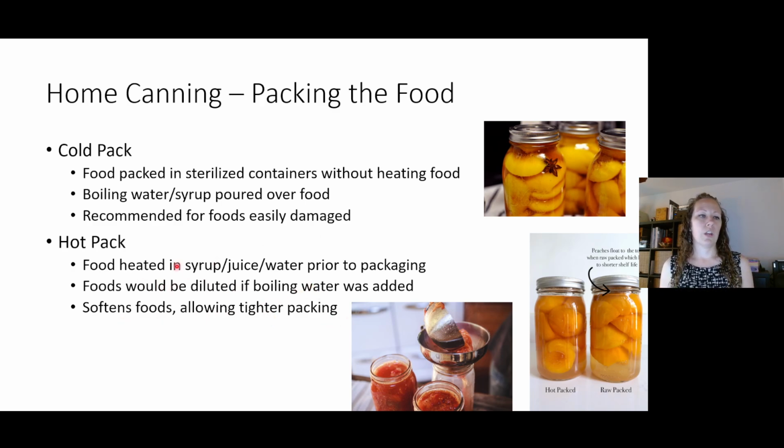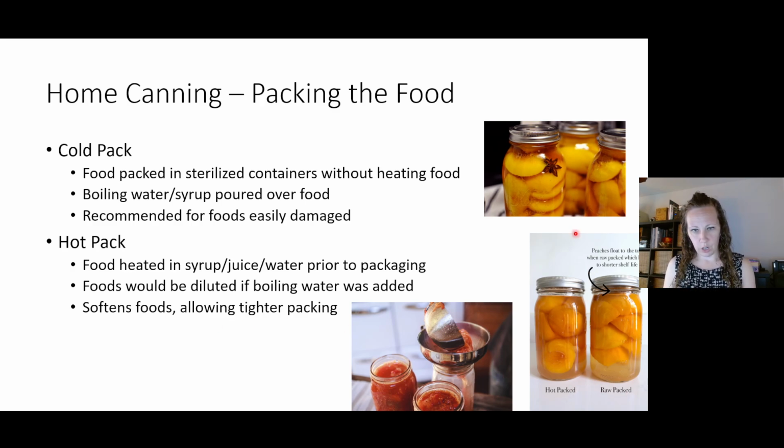And you're going to hot pack foods that would be diluted if you were to add boiling water, like peaches, right? Now, an advantage of hot packing is that it softens foods. It also expels air bubbles from the foods, and so it allows tighter packing and can affect the quality.